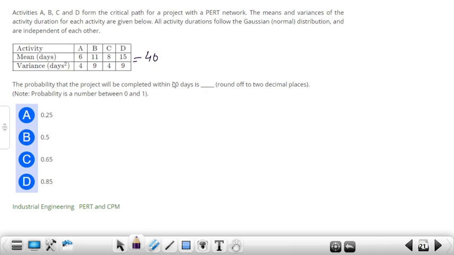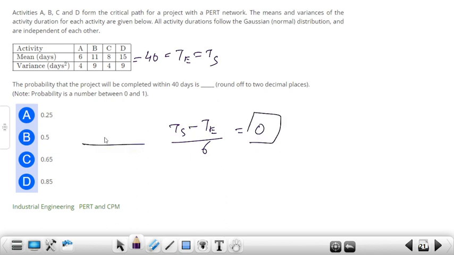So the expected time, that means the mean, is equal to 40. The probability is given by Ts minus Te divided by sigma, where Ts is the scheduled time and Te is the expected time. Here Ts minus Te is equal to 0.